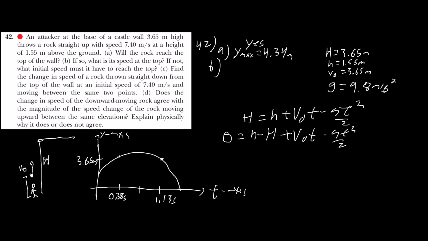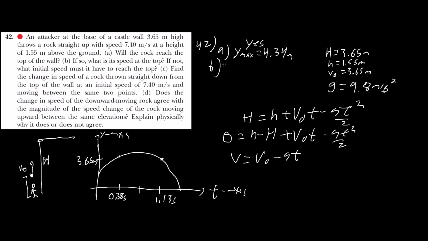So if so, what is the speed at the top? Well, we just found the time it takes. So now all we have to do is plug in the other equation, which is going to be some initial velocity minus gt. So one is going to have the upward velocity, and the other one is going to have downwards. So I did store the time in there. That's just going to be v minus gt, and I have the downward velocity.